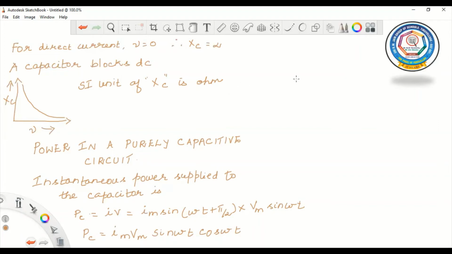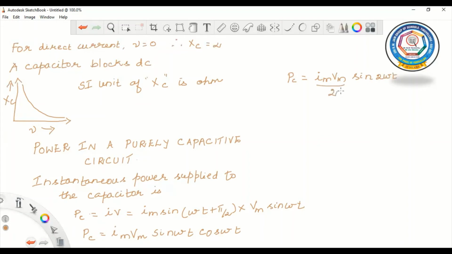Okay. So power is equal to Im Vm sine 2 omega t by 2. Okay.